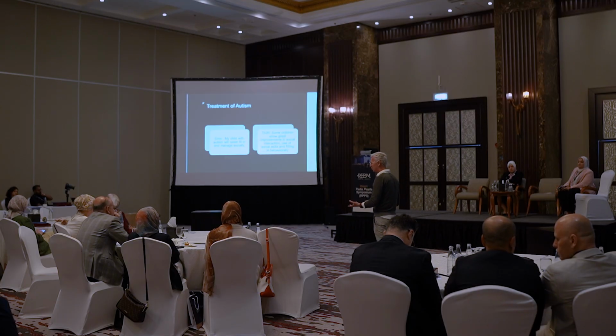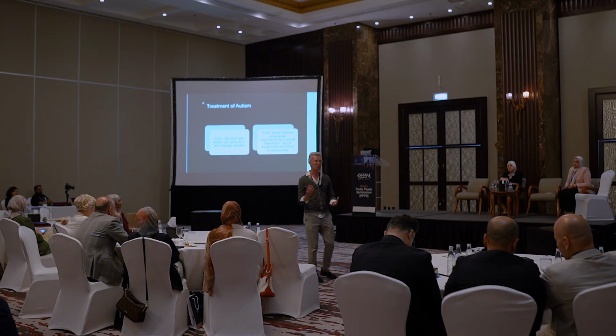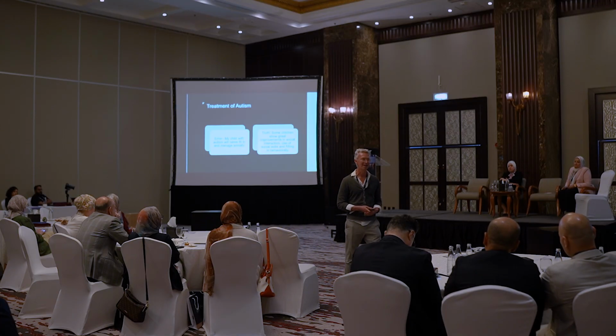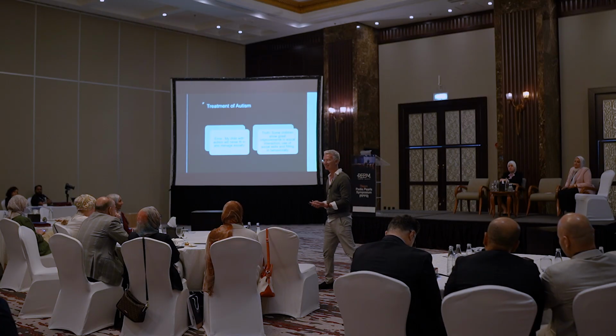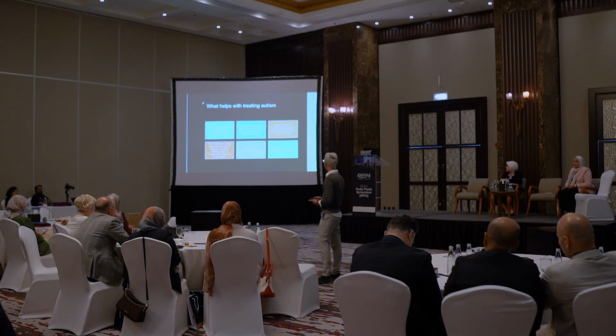But with lots of work from the OT and the speech, and the work that I did, I saw him a year ago when he was 9 years old. The child said, Frederick, today at school was fantastic. The teacher was just so angry with me because I moved a lot. But otherwise it was amazing. And I'm like, oh wow, that's so good to see. So our children can manage to fit in socially, and they can grow.